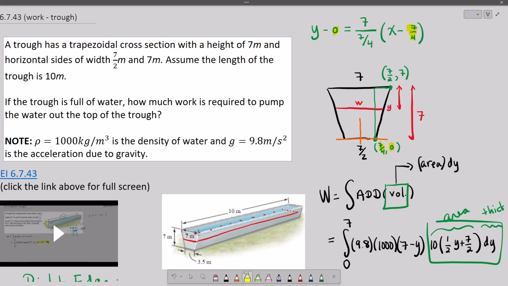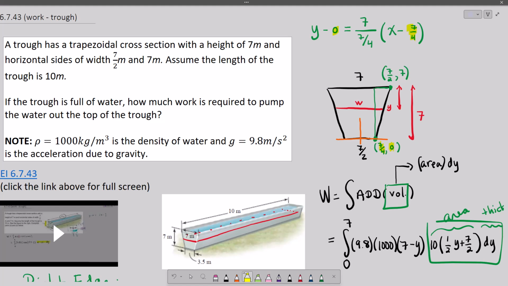And so that shift is moving over 7/4 to the right from the origin. Is that what you're asking? Yeah, I was just making sure I understood that part. It's from whatever point we pick. And if we picked this point here, we would have x minus 7/2 and y minus 7, and it would come out the same.